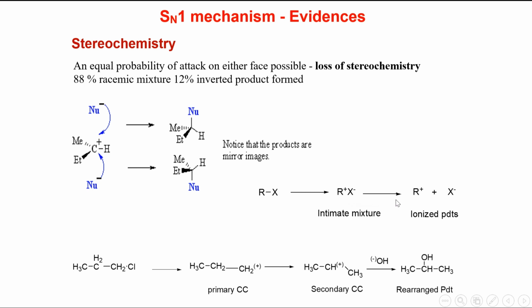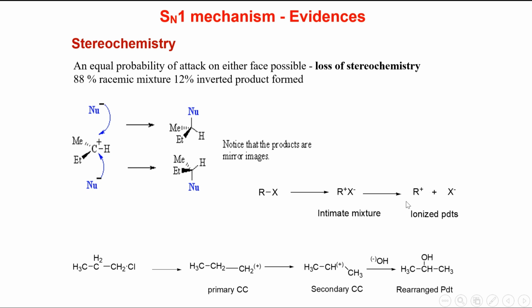Then slowly the solvent molecules come in between these two and separate them to give a completely ionized product. This means the attack takes place as soon as the positivity occurs on the R. When the attack takes place from the backside, as from the front side there is X minus, and X minus and Z minus are both negatively charged and like poles repel each other, hence backside attack takes place.